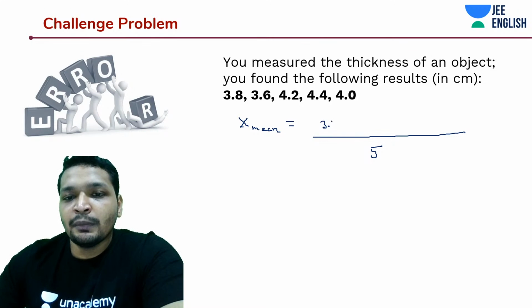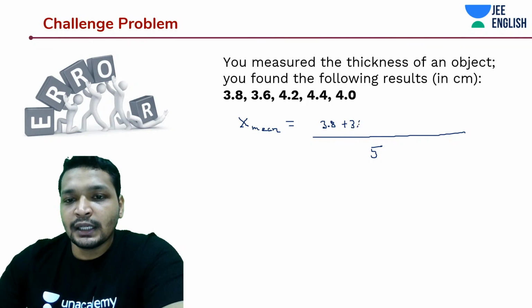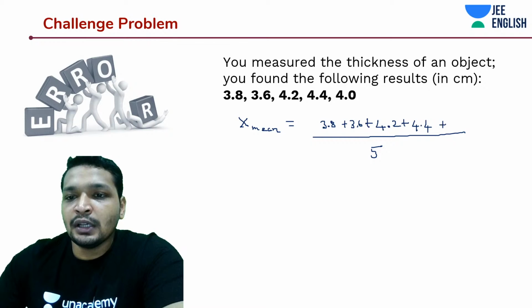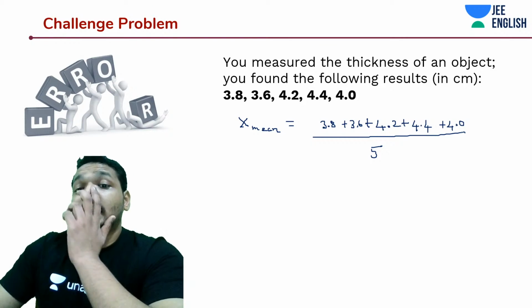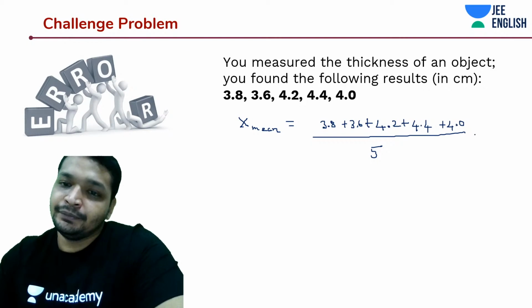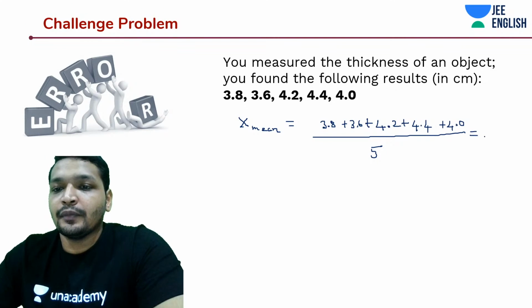So it's going to be 3.8 plus 3.6 plus 4.2 plus 4.4 plus 4.0. All right, so that should be 20.0, only one decimal place is what I'm getting.